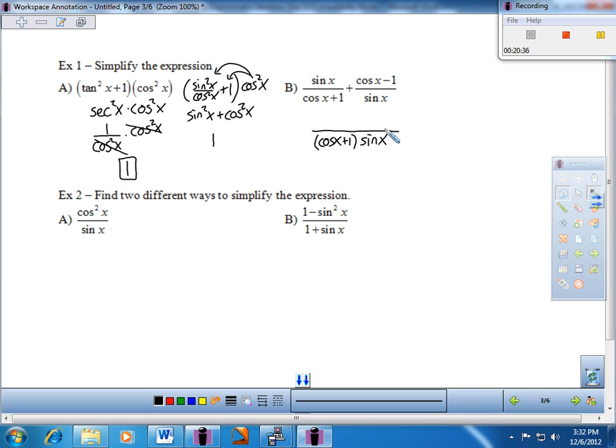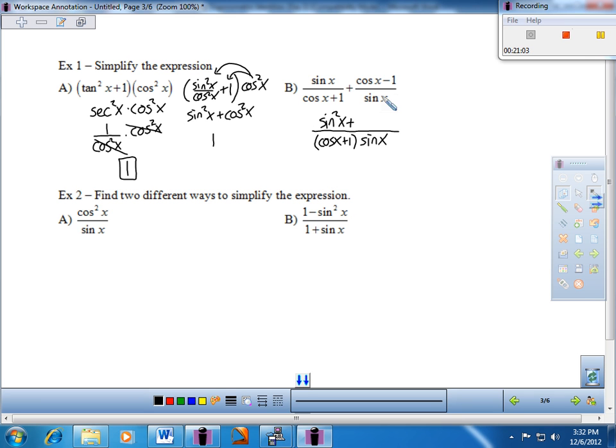Think how you changed the denominators from the original to the new and improved. In this case, it looks like I multiplied by sine. And so what I have to do is compensate and multiply the numerator by sine. And sine times sine is sine squared. Excellent. Here comes my plus in the middle.